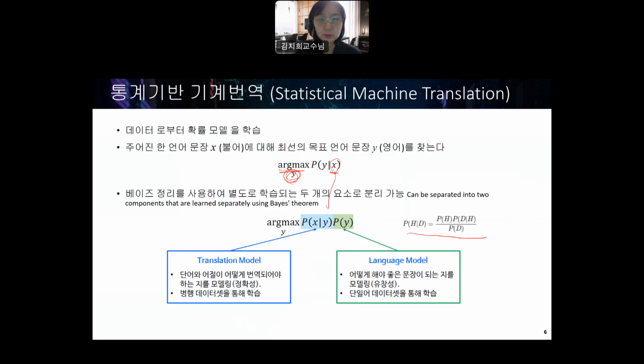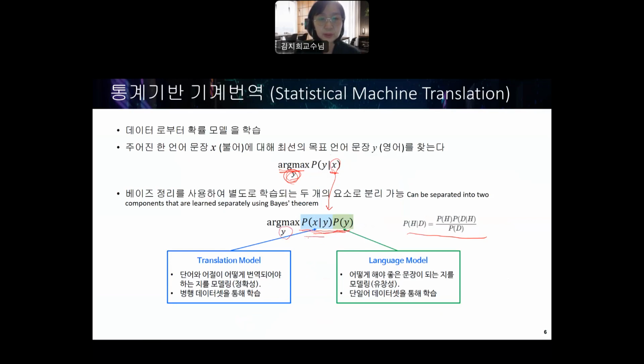Instead of the probability of Y given X, it can turn into the probability of X given Y, times the probability of Y, divided by the probability of X. But oftentimes we ignore the denominator, the bottom part, because once we know the probability up top, we can just adjust based on the ratio to make it a probability. Anyway, here we're trying to find the Y that maximizes these two parts together.